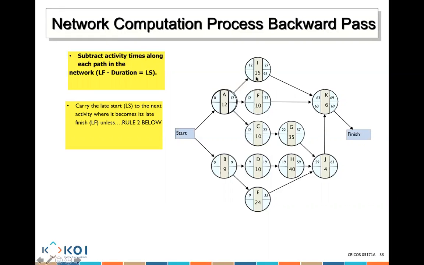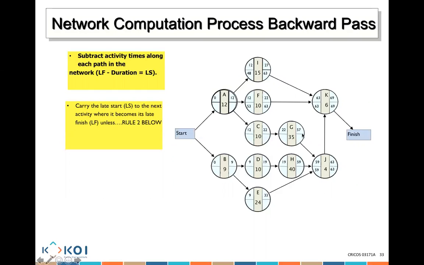63 minus 15 gives me my latest start. 63 minus 10 gives me my latest start. 63 minus 4 gives me my latest start. So 63 minus 15 is 48. 63 minus 10 gives me 53. And 63 minus 4 gives me 59. Now, 59 is my latest start.